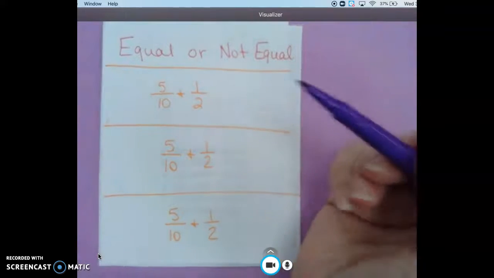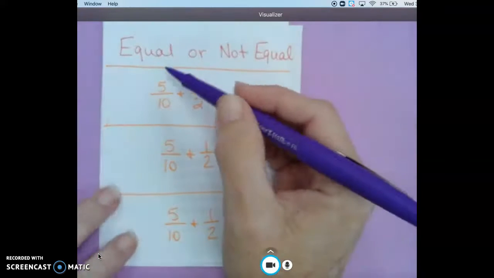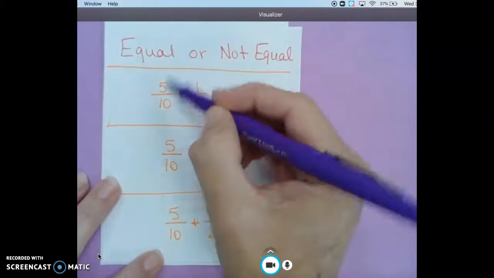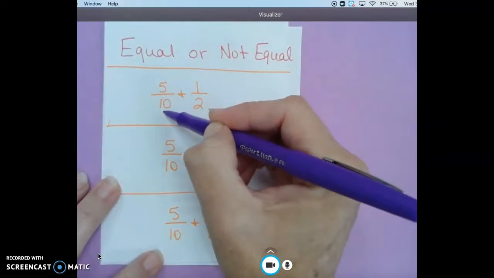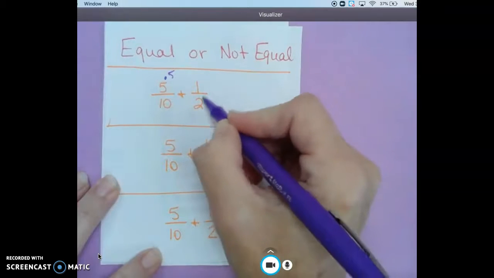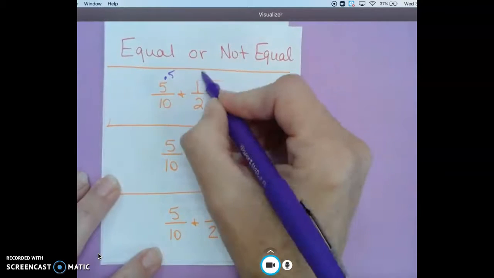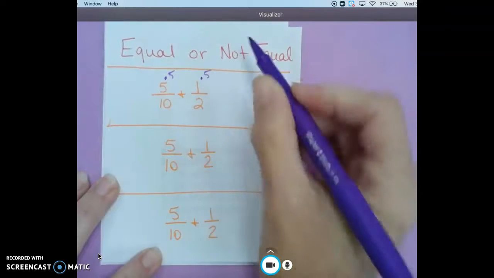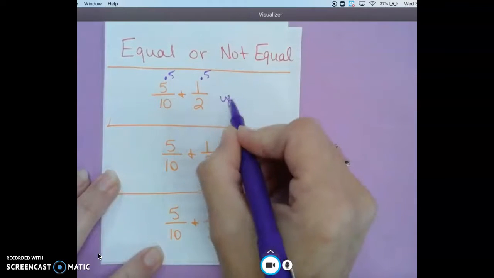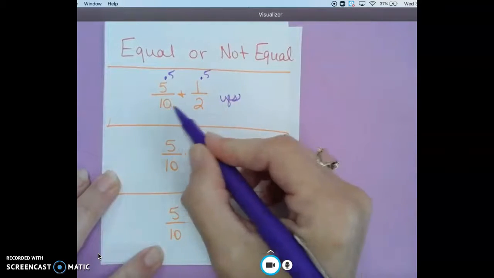One way to do it is some students like to look at these as division, and they would do 5 divided by 10 and get 0.5, and 1 divided by 2 and get 0.5. Well, 0.5 and 0.5 are equal, so they would say, yes, these two ratios are equal.